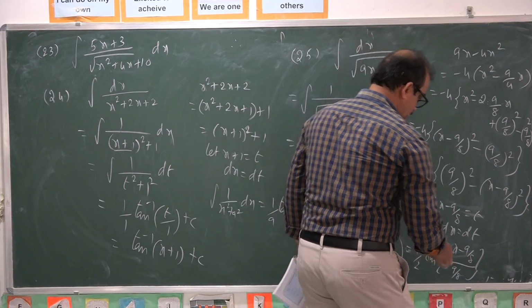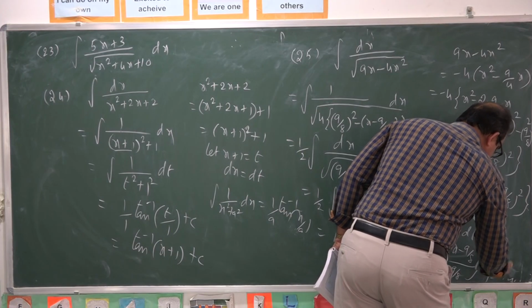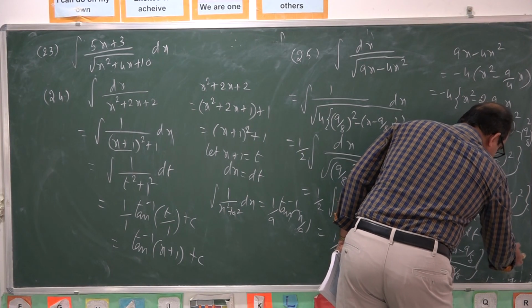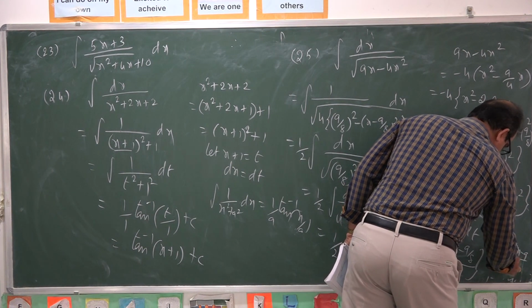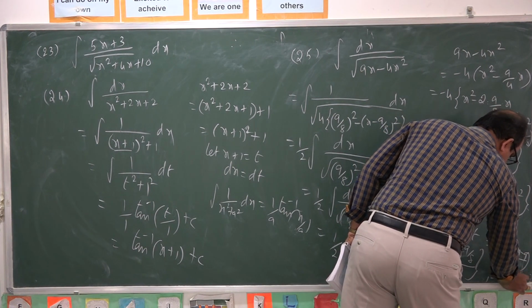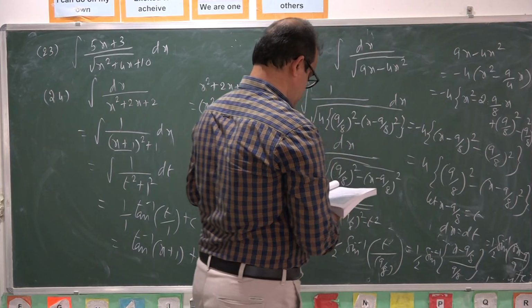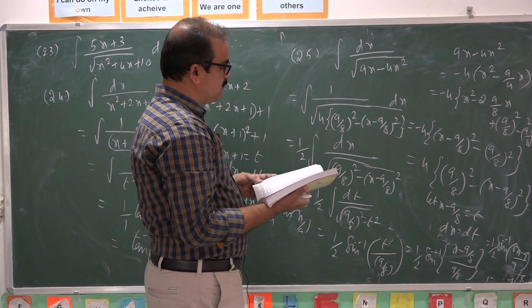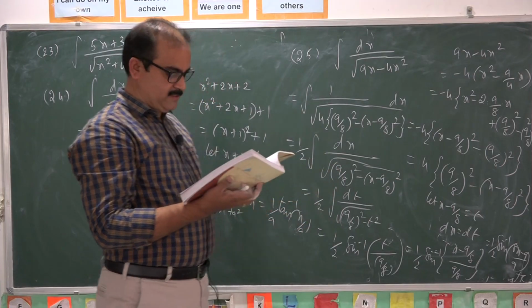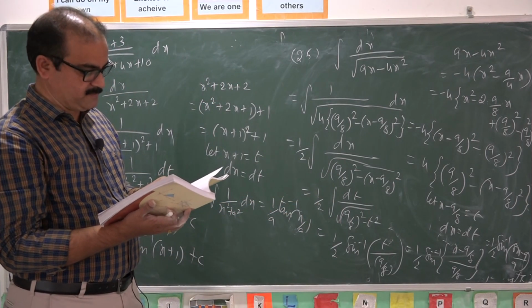So that is equal to 1 by 2 into sin inverse of (8x minus 9) by 9, plus c. Now in your textbook the answer is option B. So option B is the correct option.